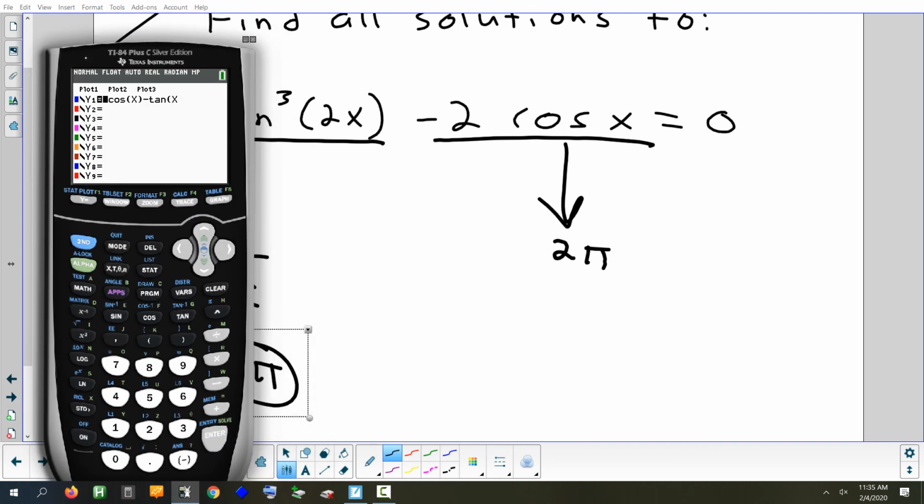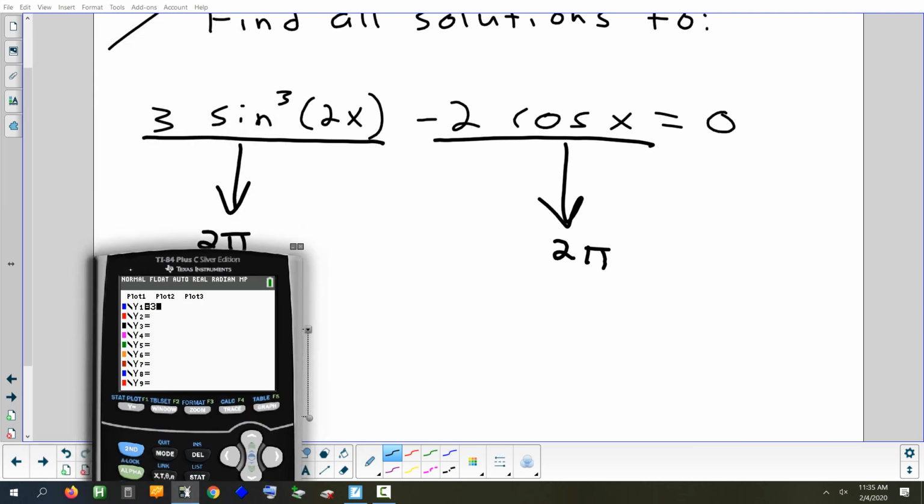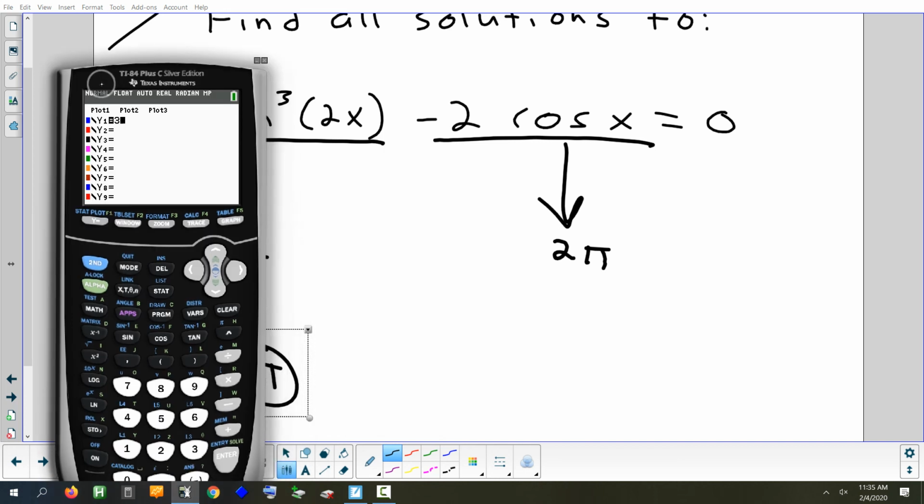3 sine cubed 2x. So this is how you type it in. You're not cubing the 3. You're only cubing the sine, so be careful, because if you cube the 3, you're going to turn it into 27. You don't want that. So put the 3 there, then parenthesis, sine x, close the parenthesis, and then cubed.